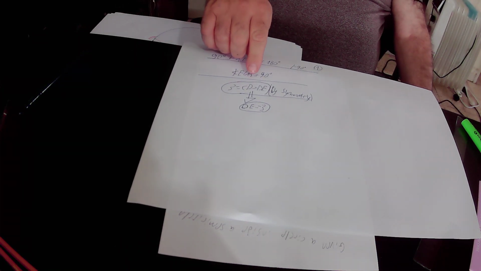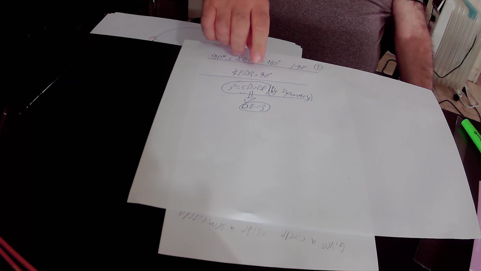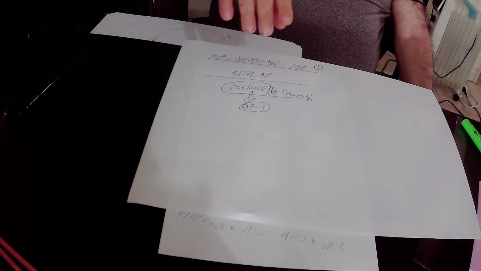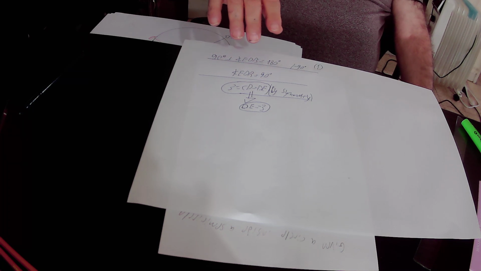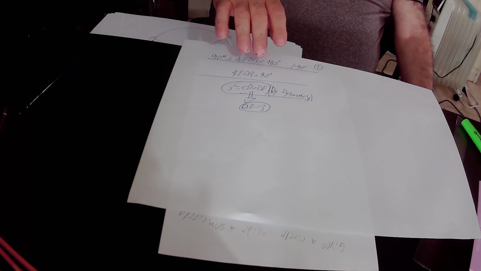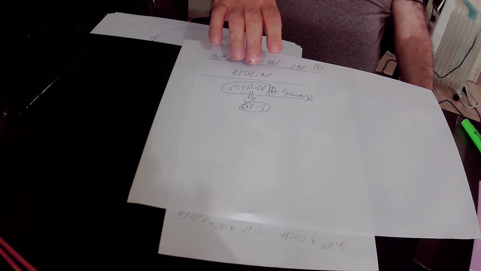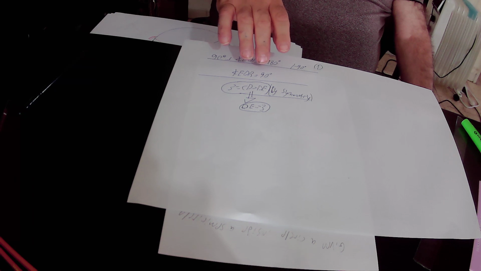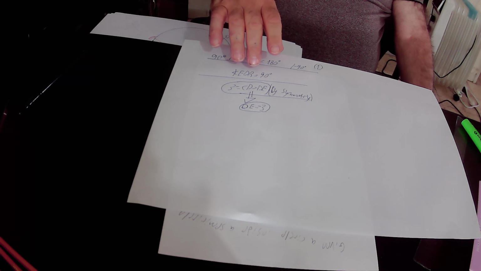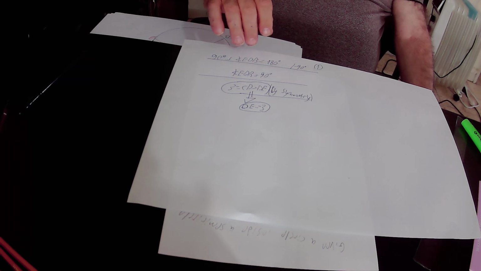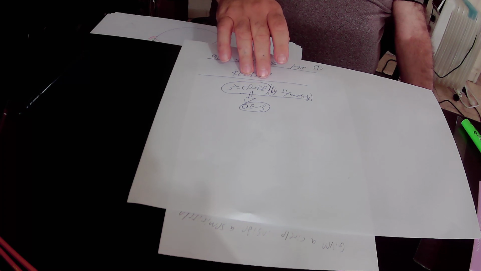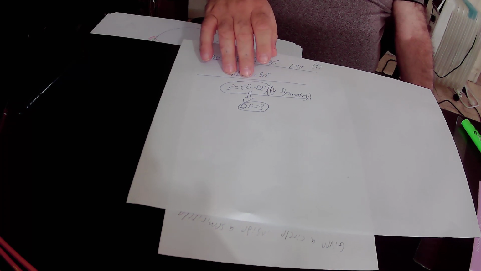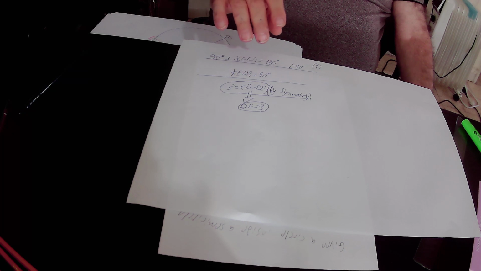So CD equals DE because DE is the mirror image of CD, and when you have a mirror image and the image, the length of the mirror image must be equal to the length of the image itself. So here DE, that is the mirror image of CD, must be equal to CD.